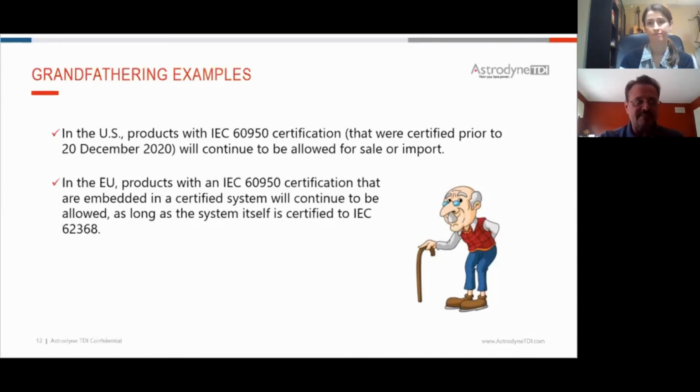So you could look at it as, in the European Union situation, if the 60950 product is viewed as a component in a higher system, as long as that system is certified 62368, it can be used without an updated certification.